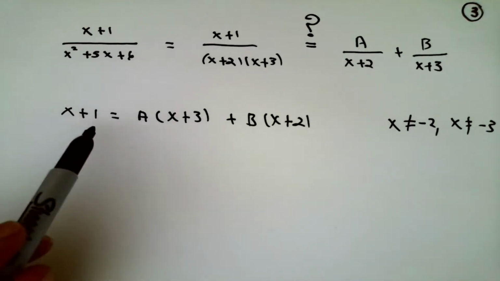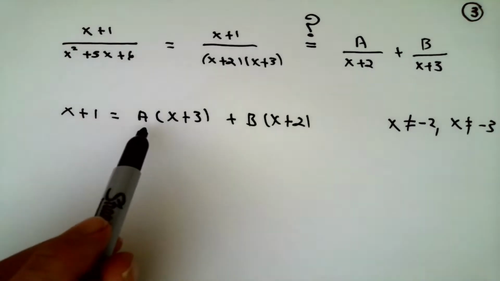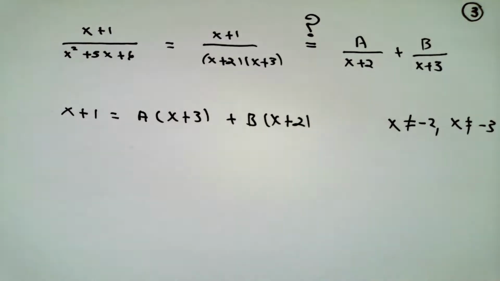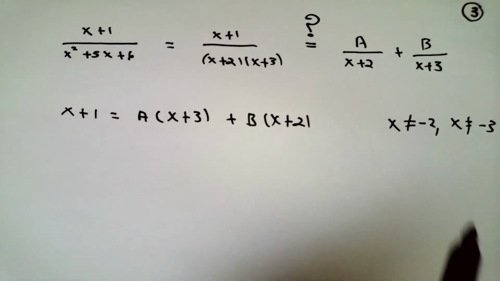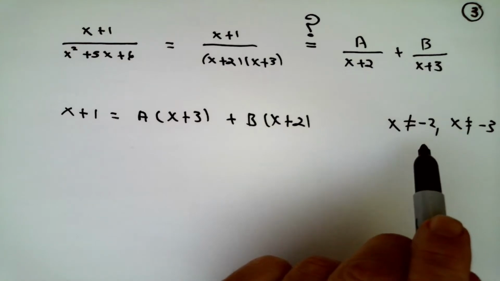Really, what we're doing is, this quantity is a polynomial involving x, and so is this. Polynomials are continuous functions. When you take the limit of a polynomial, it's the same as plugging the number into the polynomial.